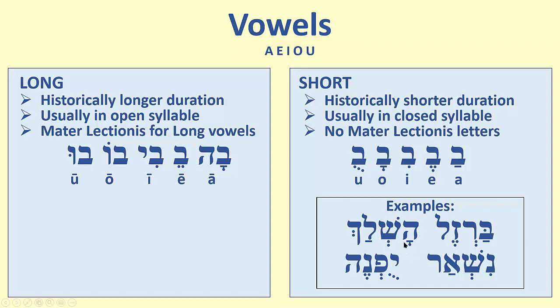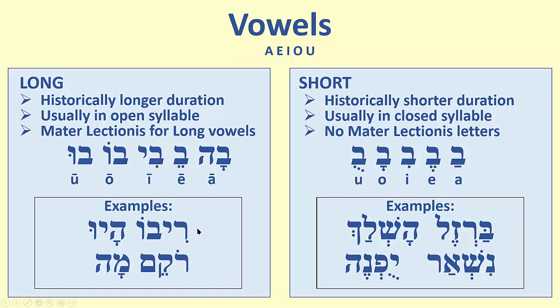So this is actually a kamatz katan, that short O sound. Hoshlach. The next one is nishar. And the last one is yufne. This hey right here is a mater lectionis, so technically the segol hey, this is an open syllable. But we'll talk about that more in a bit.